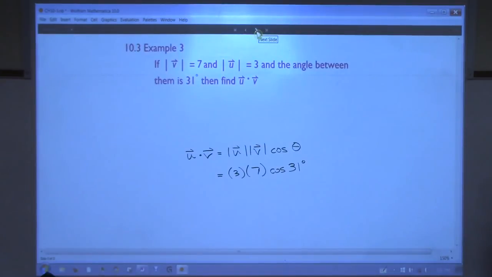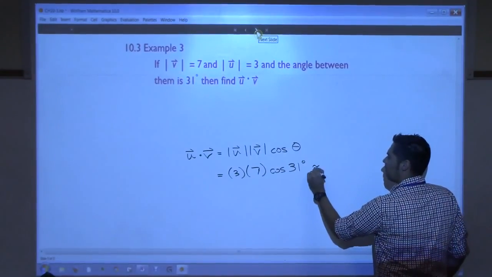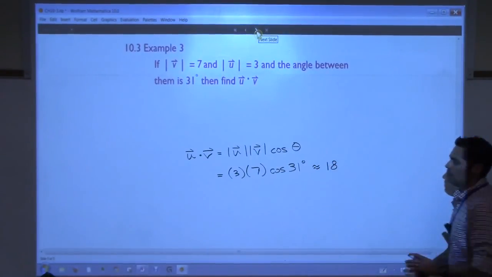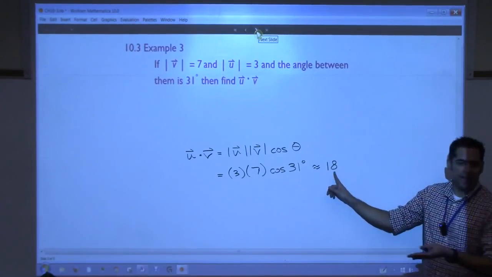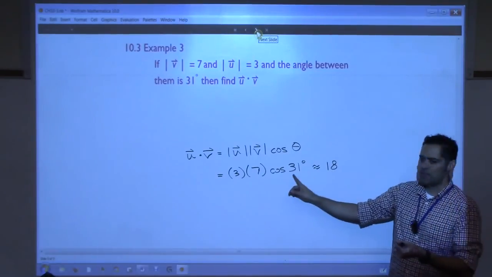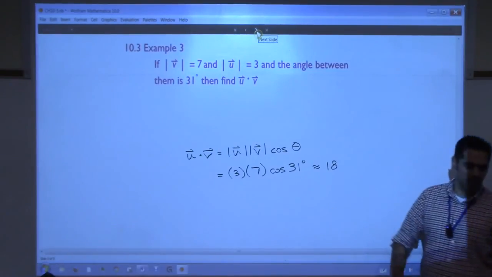Get your calculator out. Make sure you're in degree mode. What do you get? About 18? Okay. Well, that's good because it being a positive answer, you know the angle was acute, so that makes me feel better that that's right.